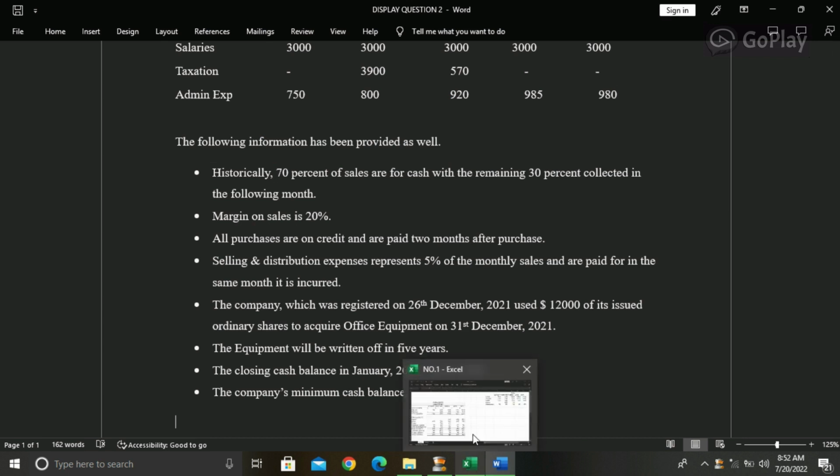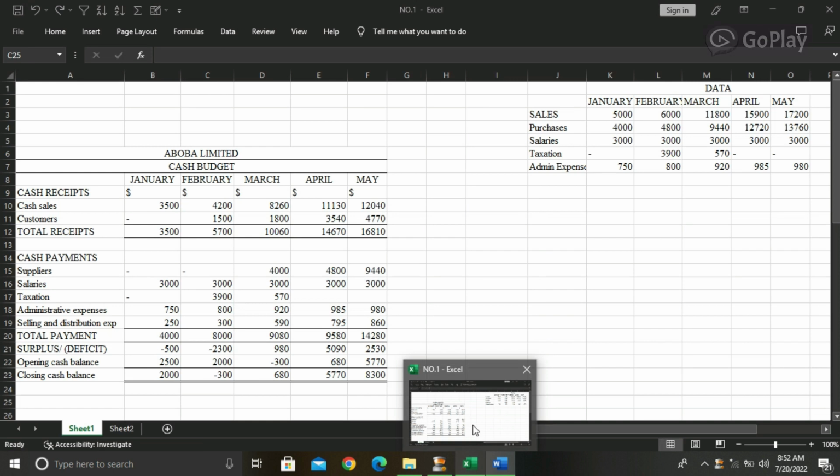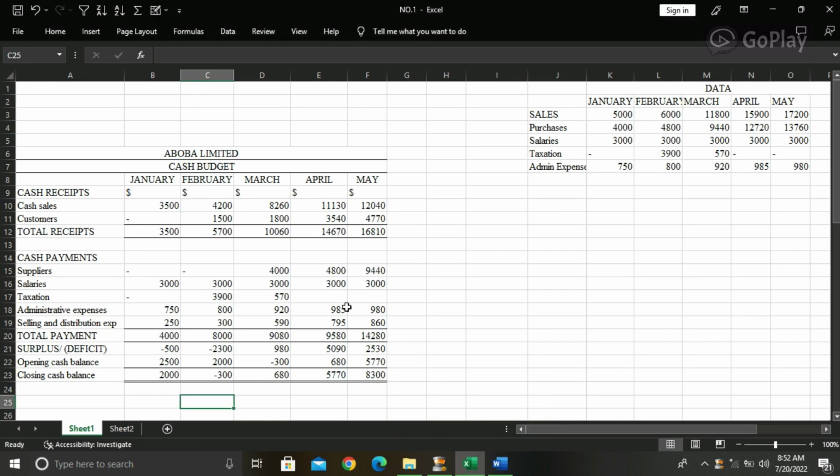But when you look at our solution for February, okay, let's take it from January. From January, the closing balance is what? 2,000, which meets the requirement.